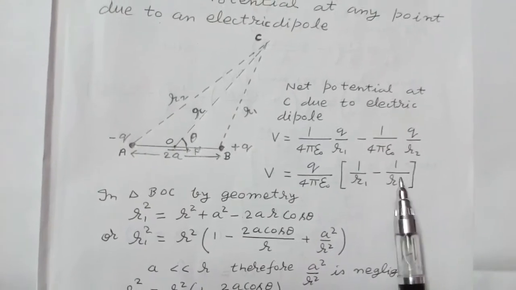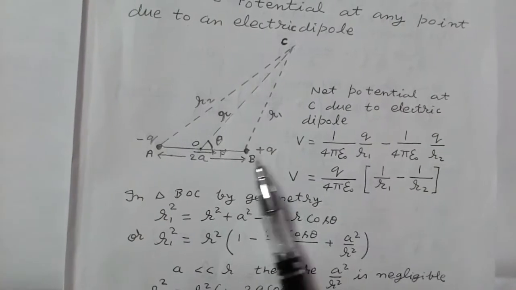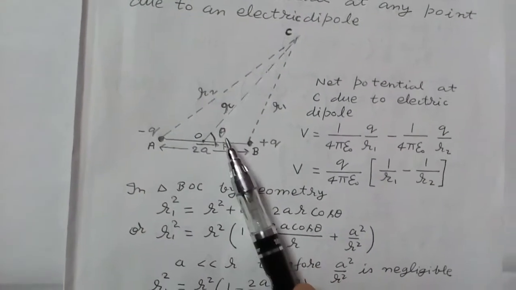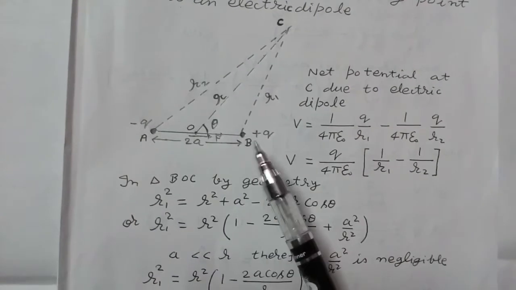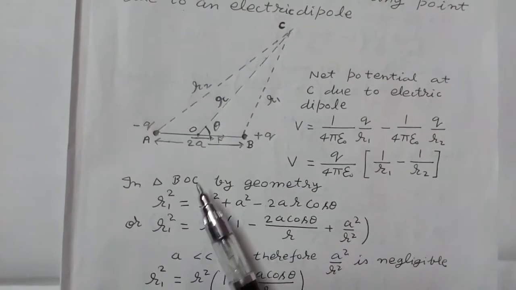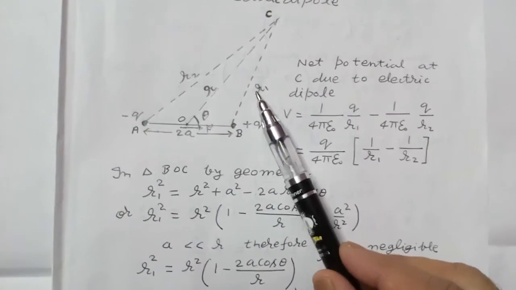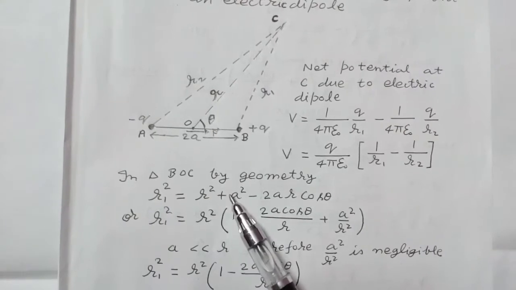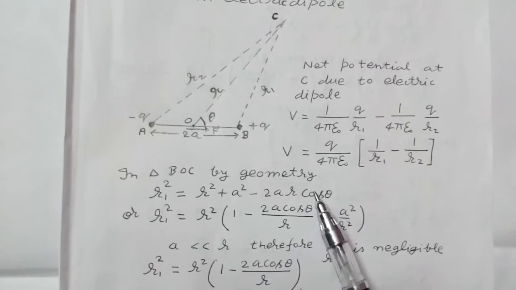Now we will find the value of 1 upon R1 and 1 upon R2 in terms of a, R and theta. See, in this triangle COB, in triangle BOC, by simple geometry, R1 square is equal to R square plus a square minus 2aR cos theta. This is by geometry.